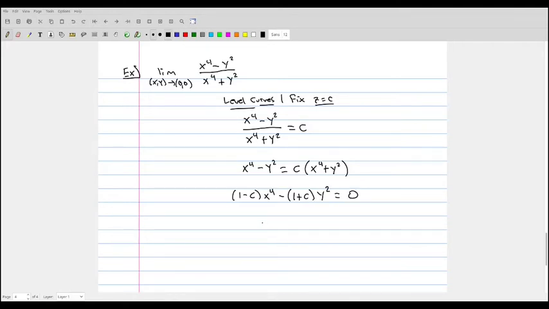So we get the equation y squared is equal to 1 minus c over 1 plus c times x to the fourth.